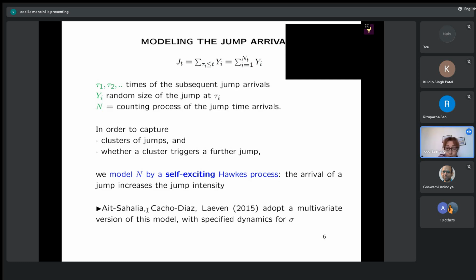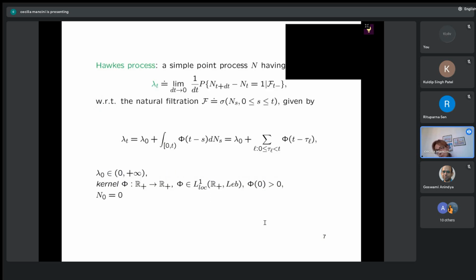Aït-Sahalia, Cacho-Diaz, and Laeven, 2015, adopt a multivariate version of this model with specified dynamics for the volatility coefficient sigma. But they look for moments of their process, so they have a different goal with respect to us. Okay, what is a Hawkes process?